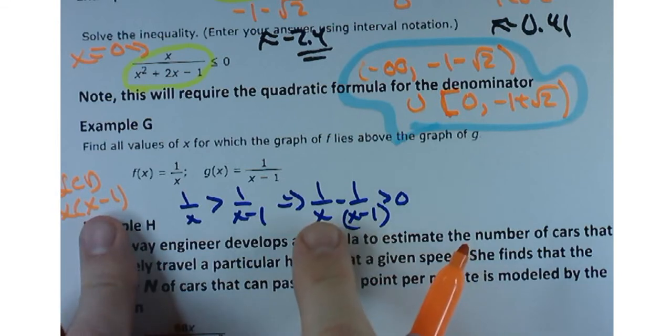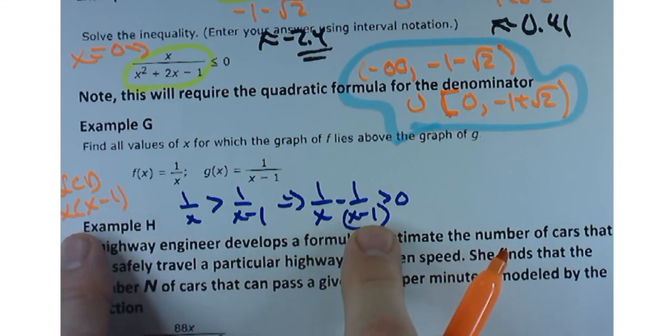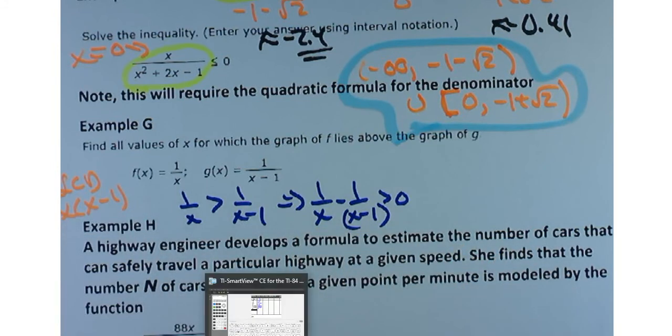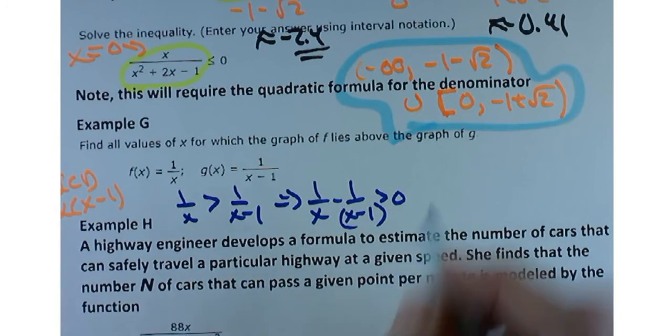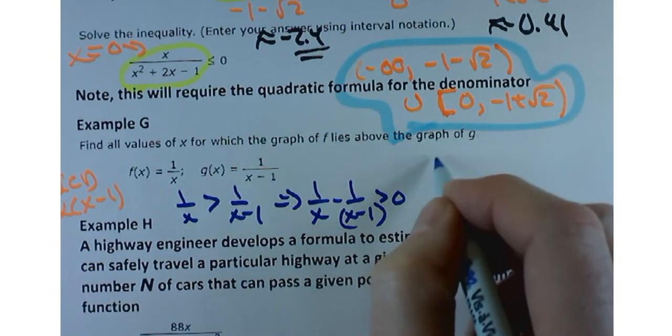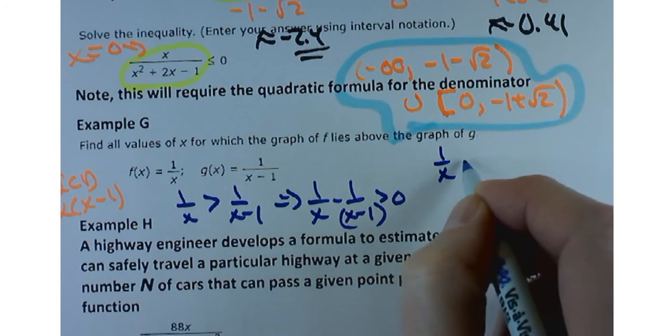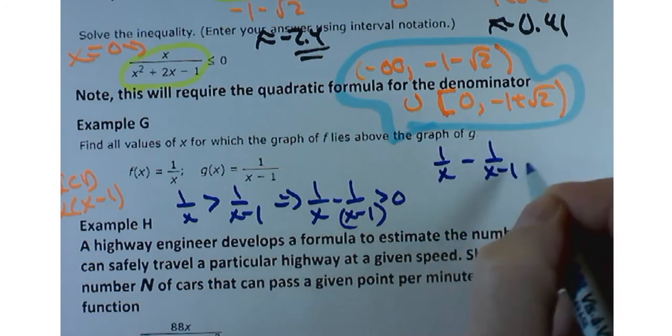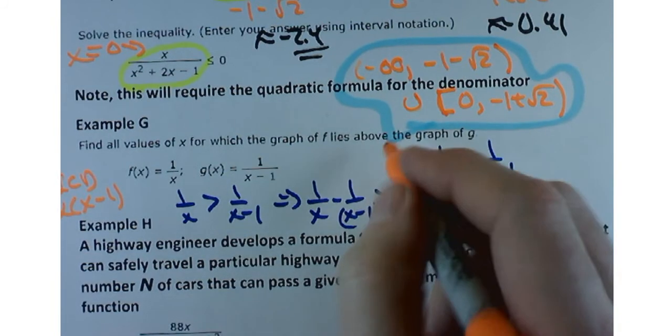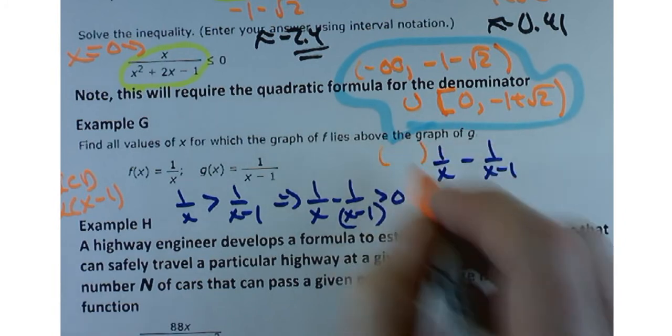So looking at this, I need an x minus 1 term. Looking at this, I need an x term. So let me kind of take care of that. Up here, 1 over x minus 1 over x minus 1. I'm going to multiply this one by x minus 1.